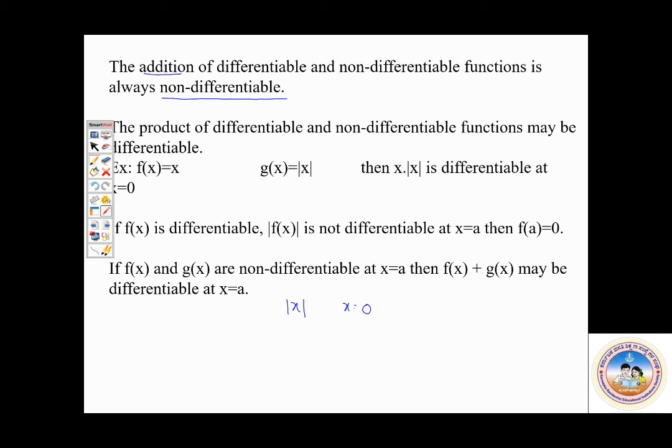Difference ನೋಡಿ, ಇಲ್ಲಿ ಒಂದು ಡಿಫರೆನ್ಷಿಯಬಲ್ ಇನ್ನೊಂದು ನಾನ್ ಡಿಫರೆನ್ಷಿಯಬಲ್ ಆದರೆ, ಪೆನ್ ಇಟ್ಟರೆ ಗೊತ್ತಾಗತ್ತಲ್ಲ, ಅಂಡರ್ಲೈನ್. ಅಡಿಷನ್ ಒಂದು ಡಿಫರೆನ್ಷಿಯಬಲ್ ಇನ್ನೊಂದು ನಾನ್ ಡಿಫರೆನ್ಷಿಯಬಲ್ ಆದರೆ, ಓಕೆ, one is differentiable, the other is non-differentiable, then sum is, addition is non-differentiable.